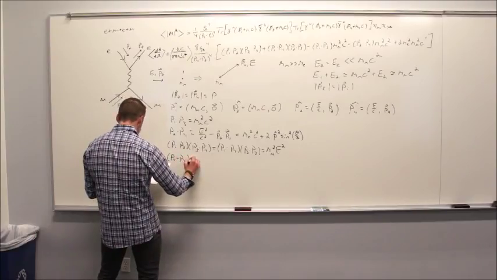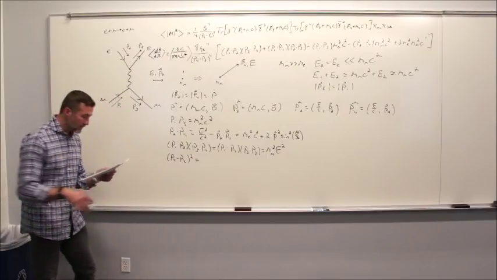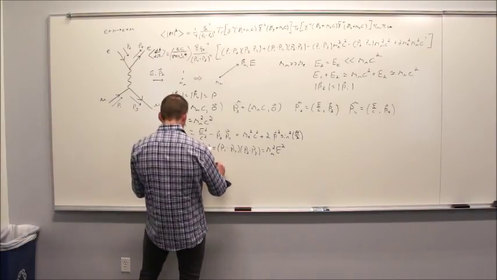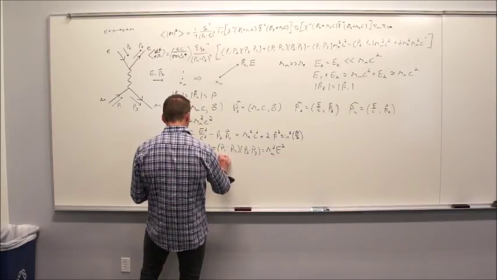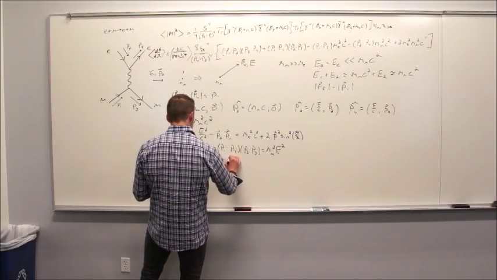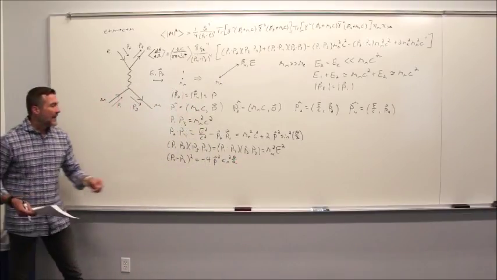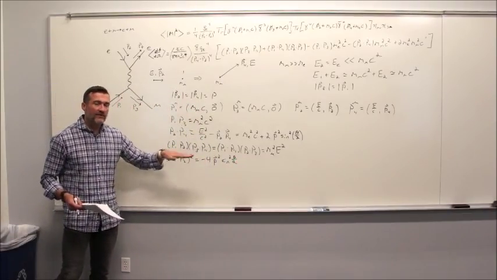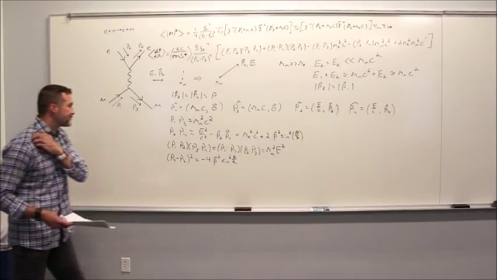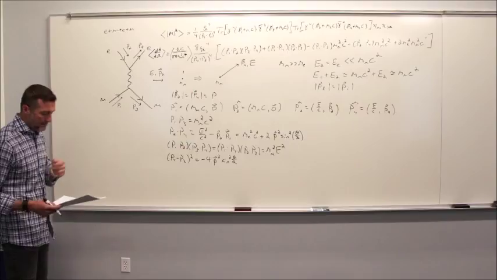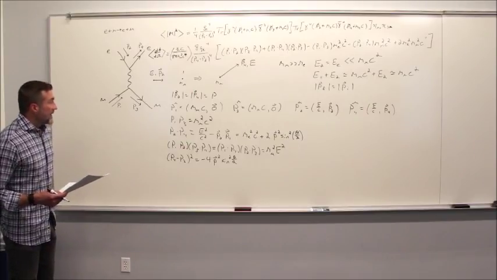For the sake of time, I'm just going to write down the answer, and the details are in the notes. You can determine that this is minus 4 times the spatial momentum squared times sine squared theta over 2. I tend to write the spatial momentum with a vector hat over it just to remind you it's only spatial. It's not a 4-momentum.